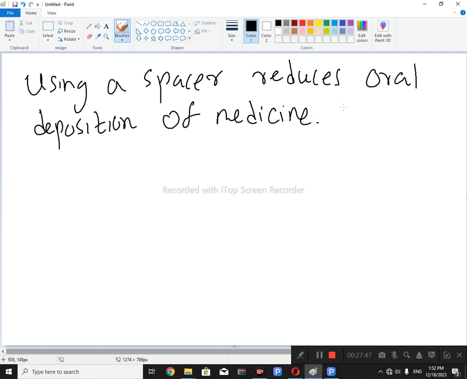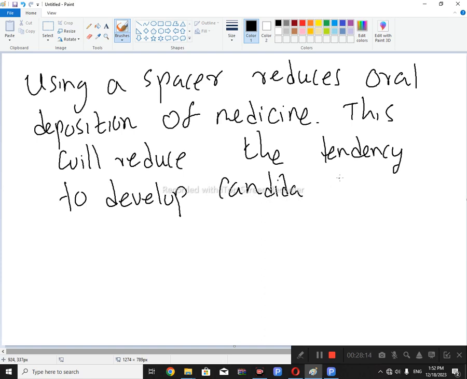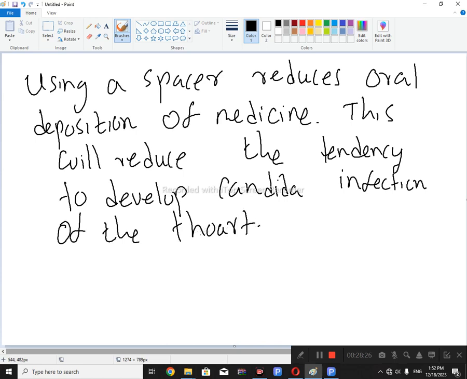This will reduce the tendency to develop candida infection of the throat.